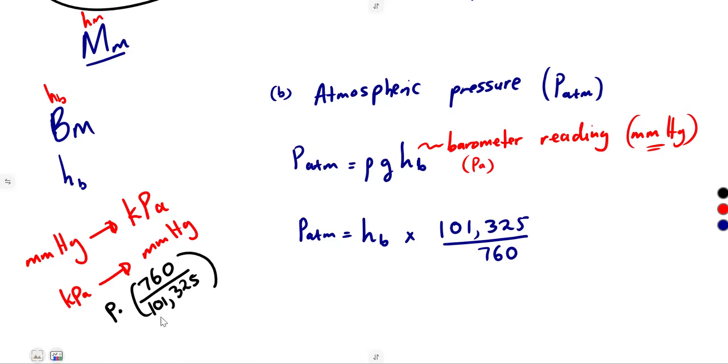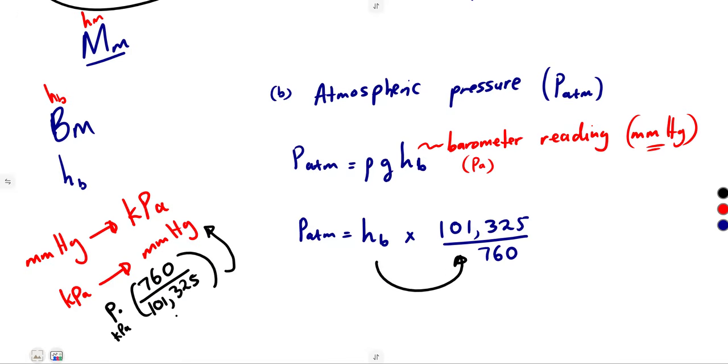So whatever that you have here, as long as it is in kilopascal, multiplied by this, you are converting it to millimeters of mercury. It's just a simple conversion that we are seeing here.